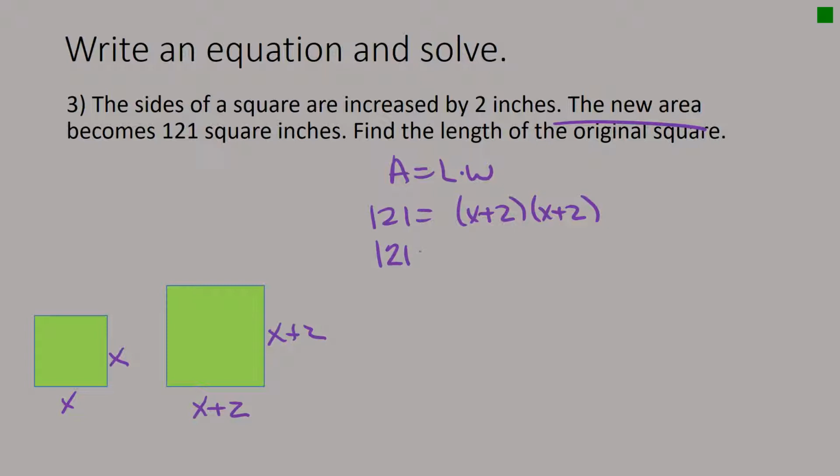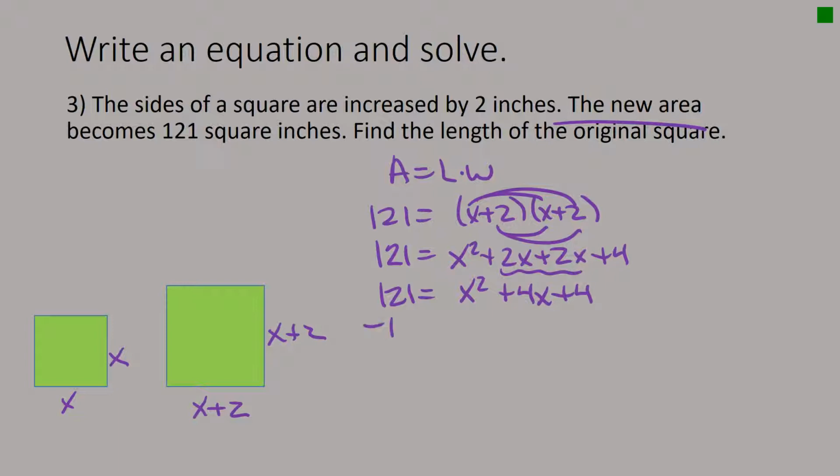So I'm going to leave the 121 over here. I'm going to FOIL: x squared plus 2x plus 2x plus 4. I'm going to combine like terms, x squared plus 4x plus 4, and then I'm going to subtract the 121.